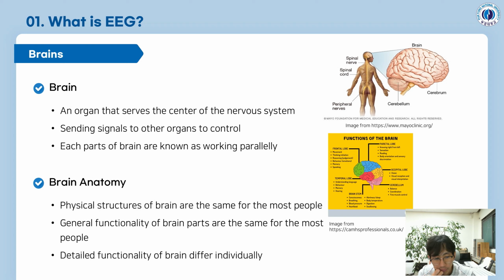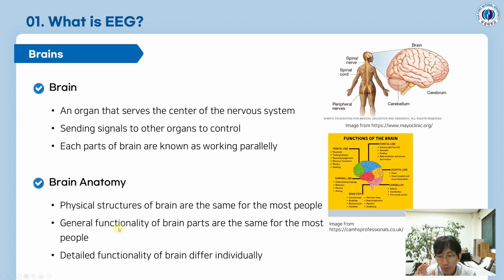Then one case, two cases, three cases. Then finally, now we know that this part, the temporal lobe, is in charge of languages. And the physical structures of the brain of human beings are almost the same for most people. Maybe there are some exceptions, but basically they are all the same.